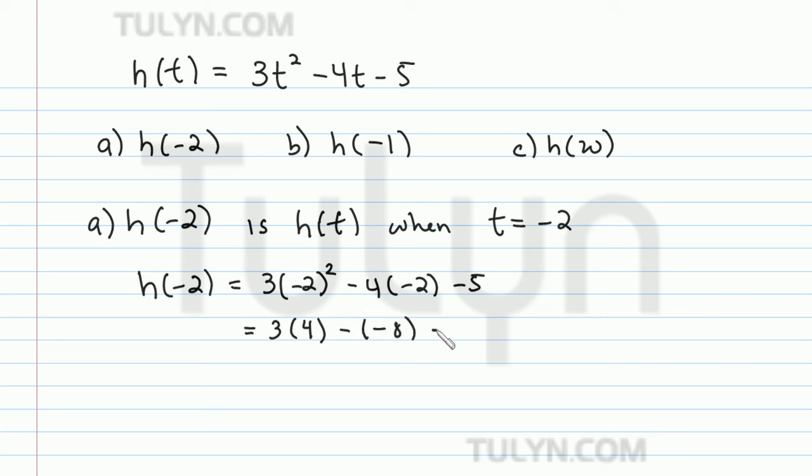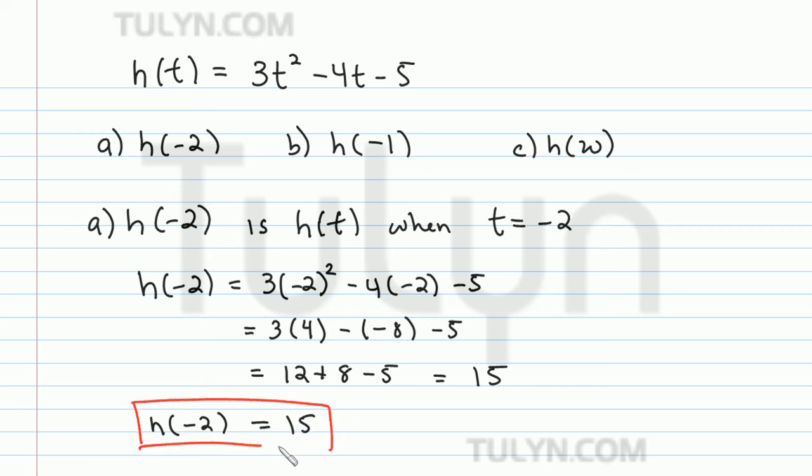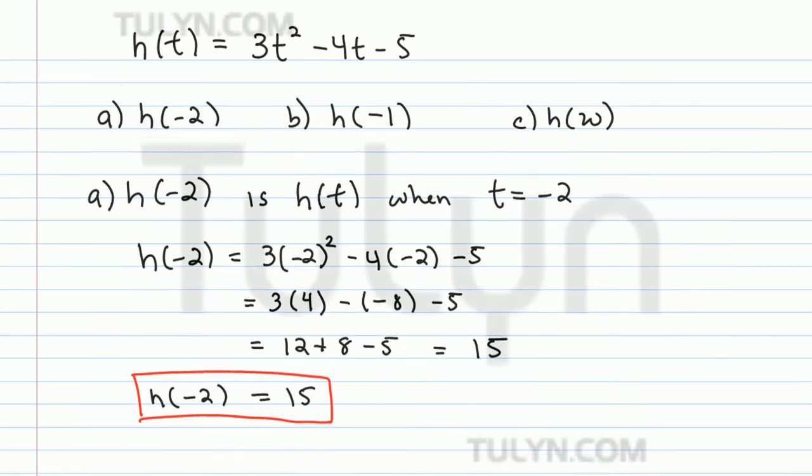So this is minus negative 8 minus 5. And then simplifying again, 4 times 3 is 12, minus negative 8 means plus 8, minus 5. So that becomes 12 plus 3, which is 15. So h of negative 2 is equal to 15. Alright? Great. So now we found A.